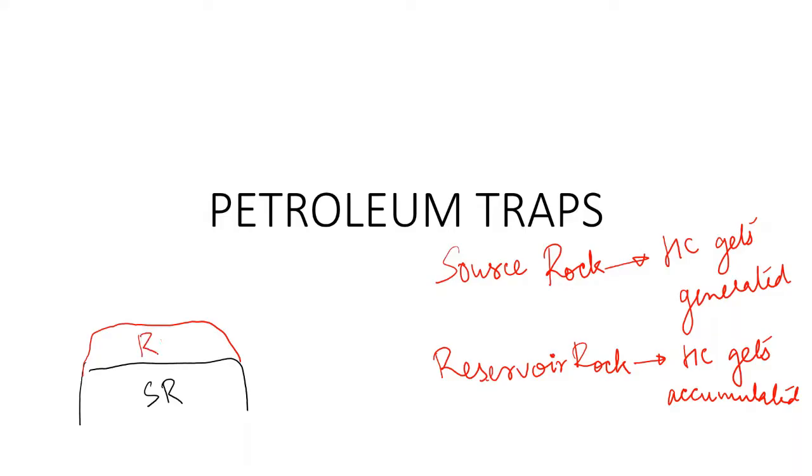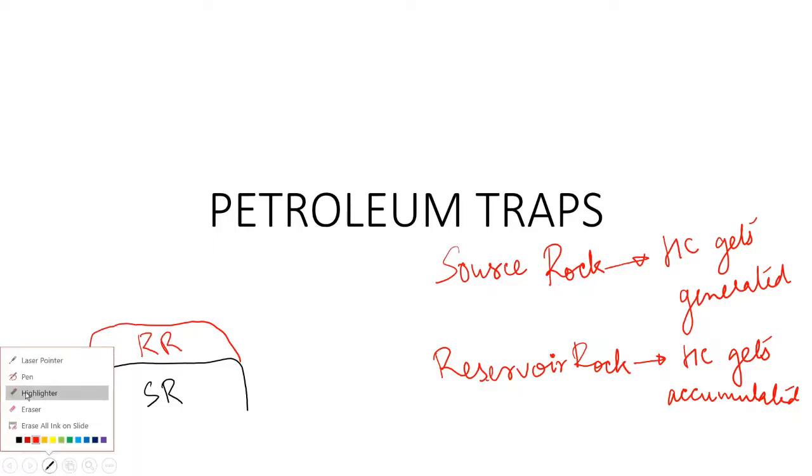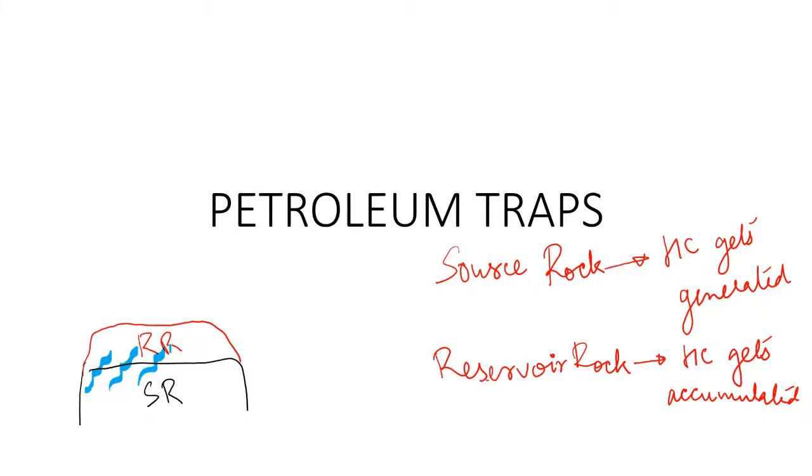So this is the reservoir rock. Okay, so now what happens is that, as I had told you, oil migrates from the source rock to the reservoir rock. But imagine that there is no mechanism of trapping that oil or trapping that hydrocarbon in the reservoir rock. So what will happen?